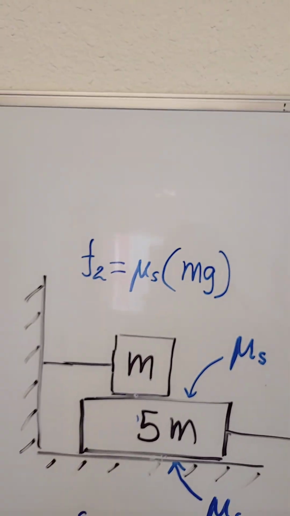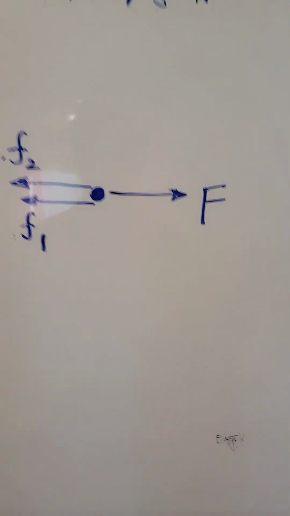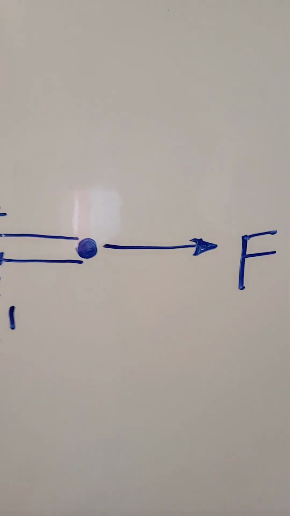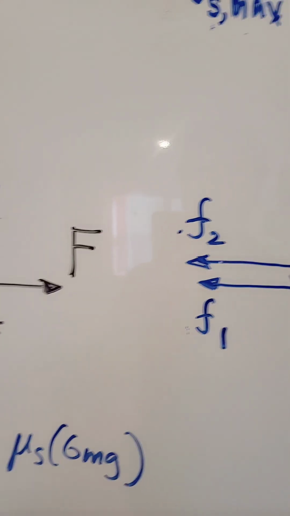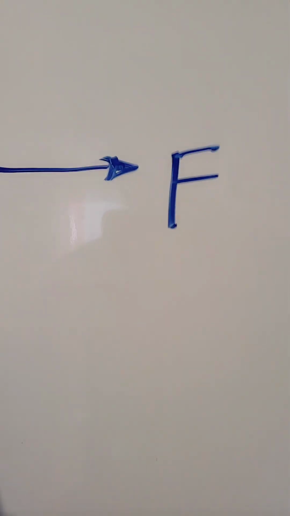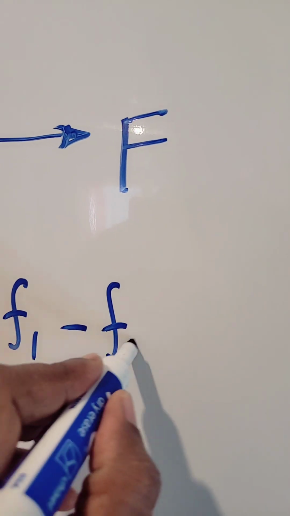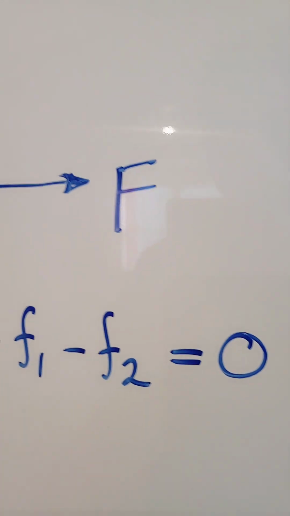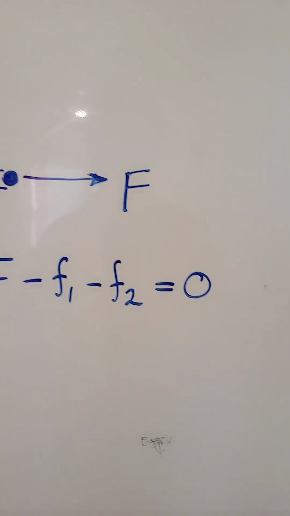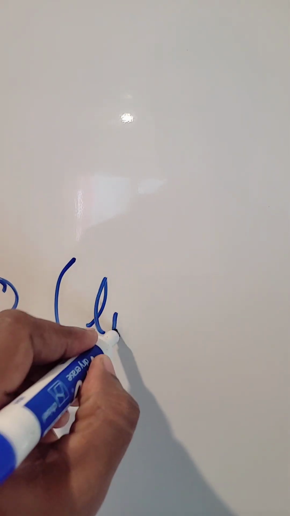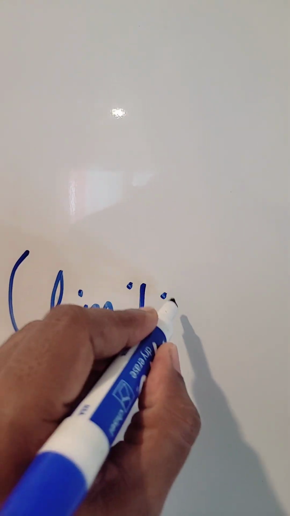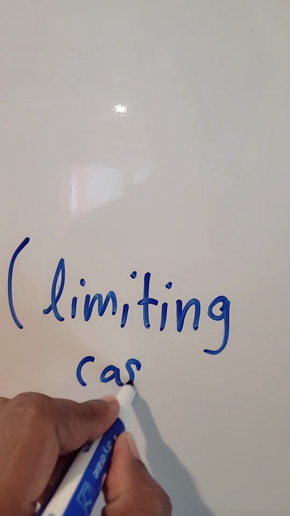That's F2. So then, in order to start to move this 5m mass, F minus F1 minus F2 should equal 0 at that limiting case. Limiting case, okay?